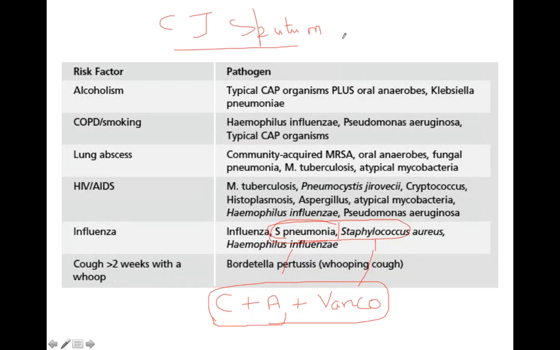So currant jelly sputum is seen in case of Friedlander's pneumonia, Klebsiella pneumonia. Currant jelly stool is seen in which condition? Intussusception. In advanced cases of intussusception, okay, not in earlier stages. Generally the child will have severe abdominal pain and altered mental status, okay. And if there is ischemia, that will lead to reddish stools, which we call currant jelly stools, okay. So currant jelly sputum in Klebsiella pneumonia, currant jelly stools in very advanced cases of intussusception, okay.